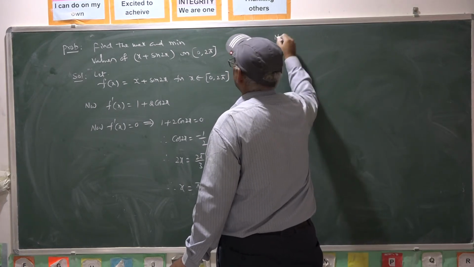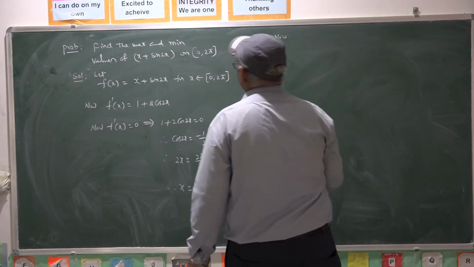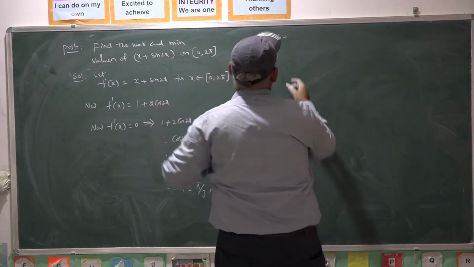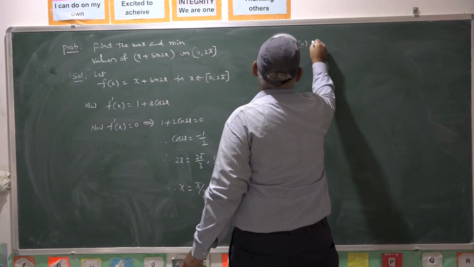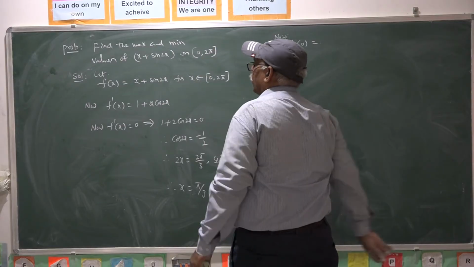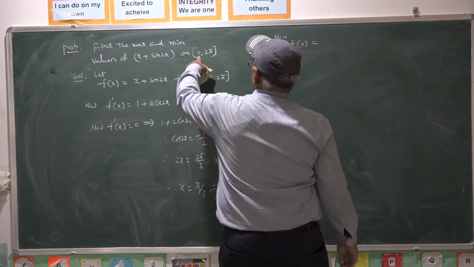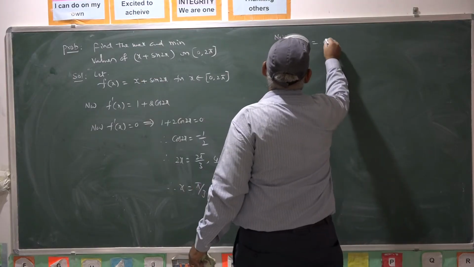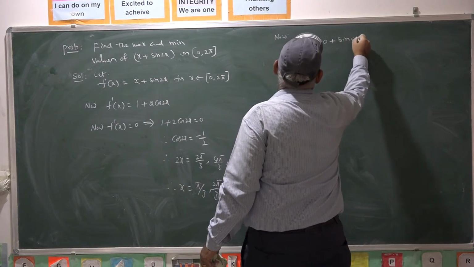Now, to get the maximum and minimum in this interval, let us consider f of 0, the functional value at the left end of the interval. F of 0 is 0 plus sine 0, which is 0.